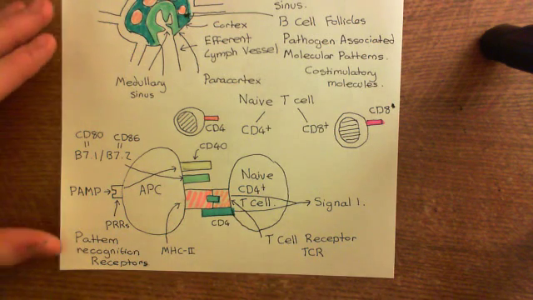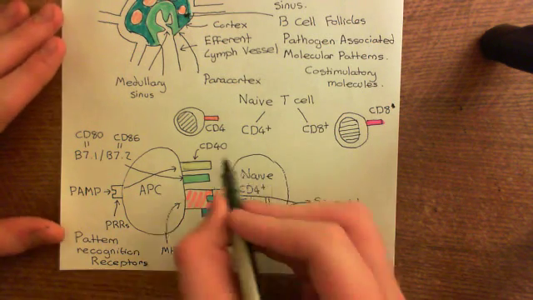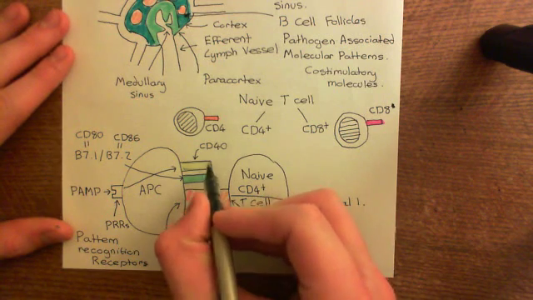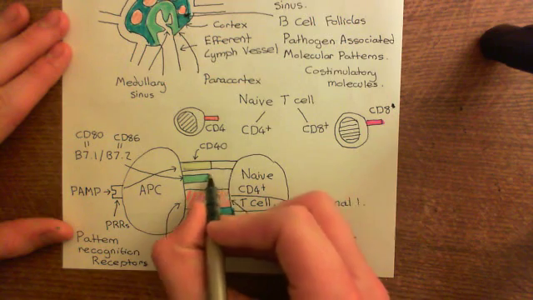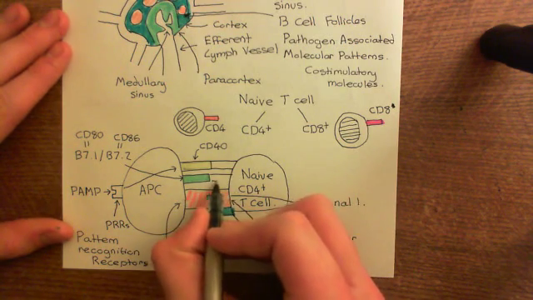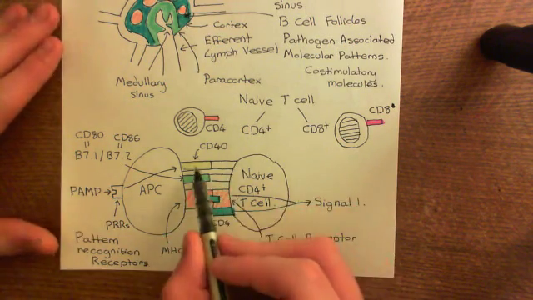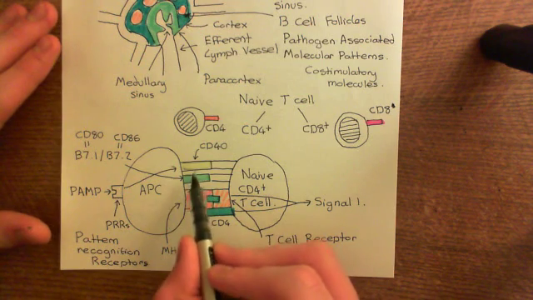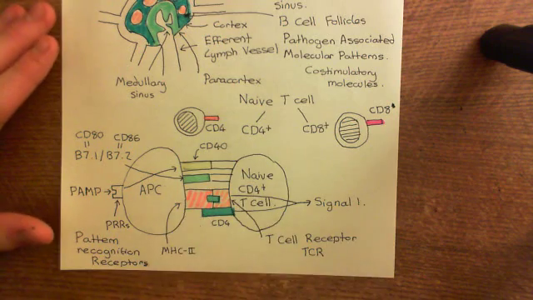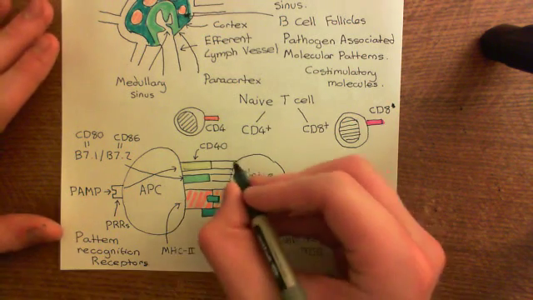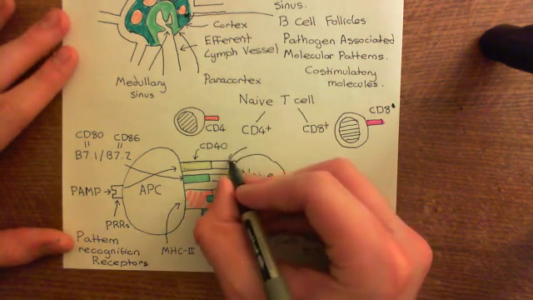Okay, right, so then what happens is these co-stimulatory molecules are going to stimulate receptors on the surface of the naive CD4 positive T cell. So whatever the mechanism of these co-stimulatory molecules being induced, they are induced, and they are going to now activate the receptors on the surface of the naive CD4 positive T cell.